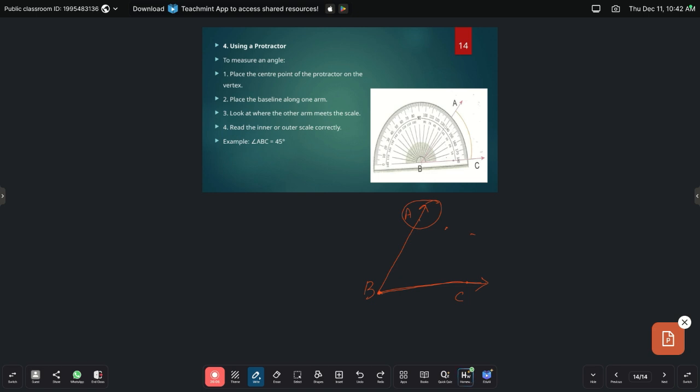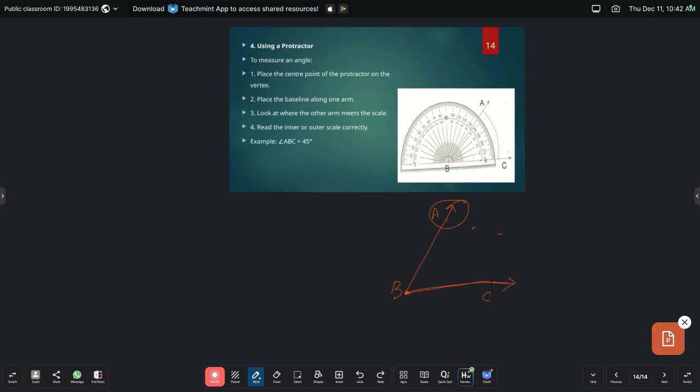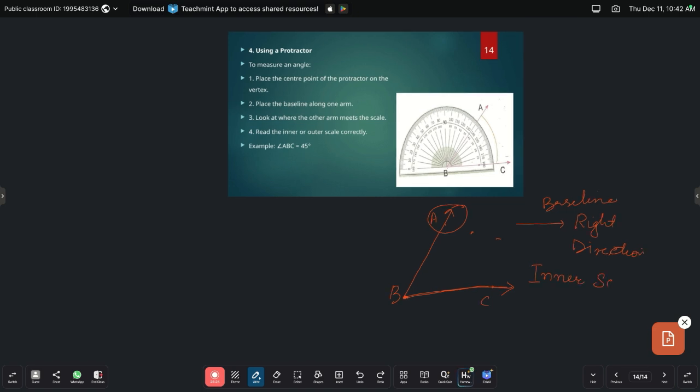Keep in mind that if the baseline is in the right direction, you have to use the inner scale, or inner reading.